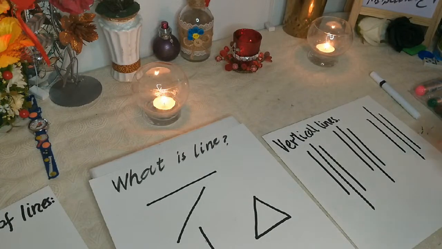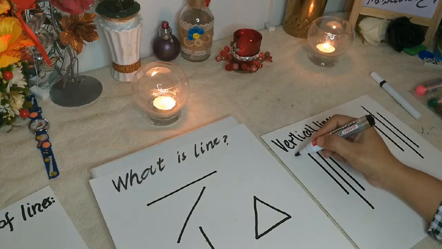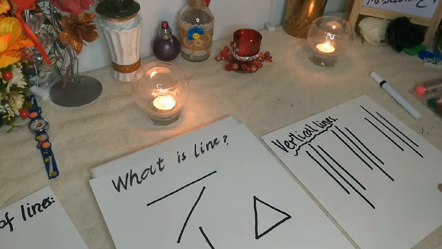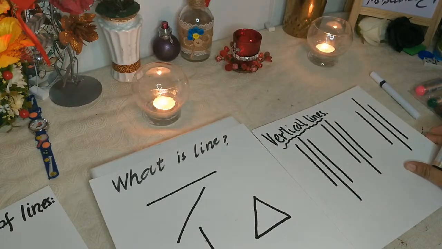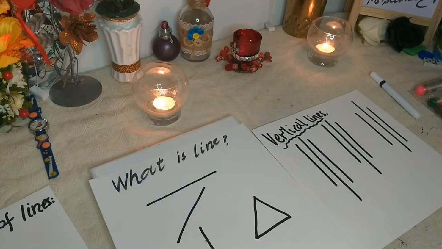Whenever you use such lines in your design, keep in mind that the first initial line in your design could be a vertical line, and a lot is made up of vertical lines, like our houses, tables, chairs. Whatever you see from top to bottom is made up of vertical lines.